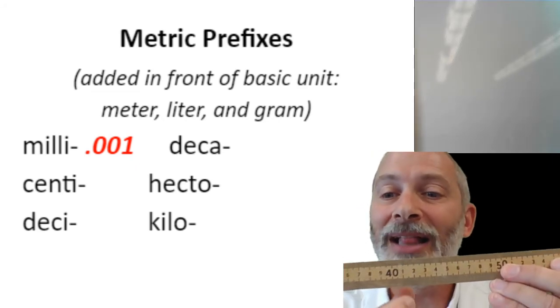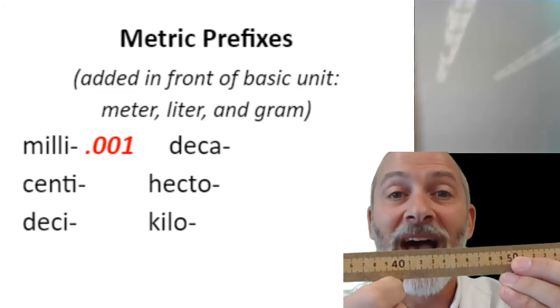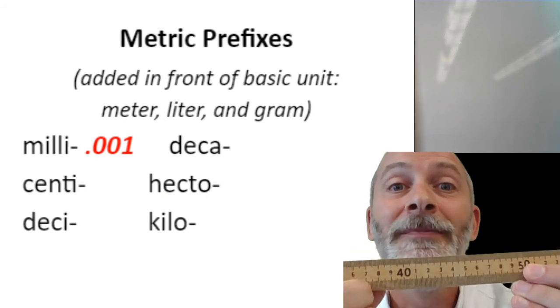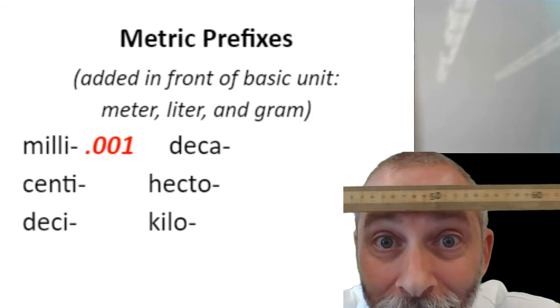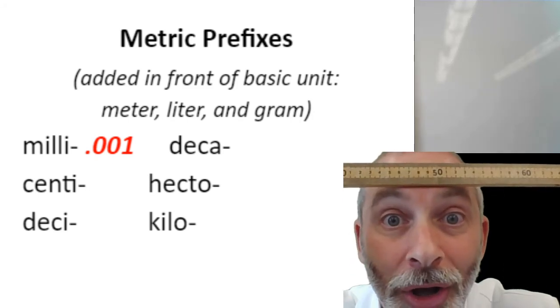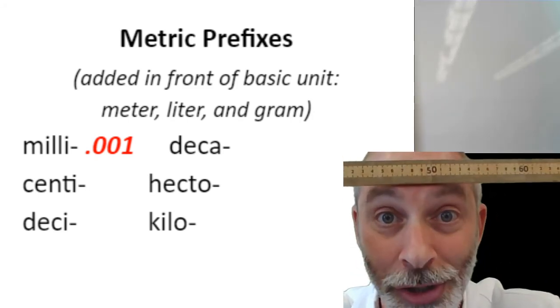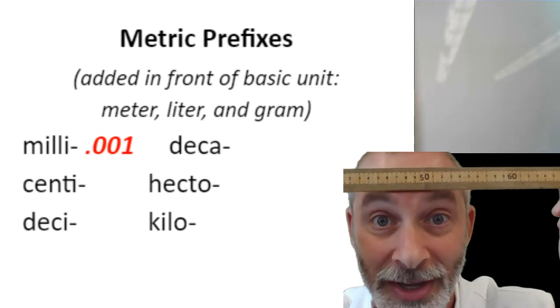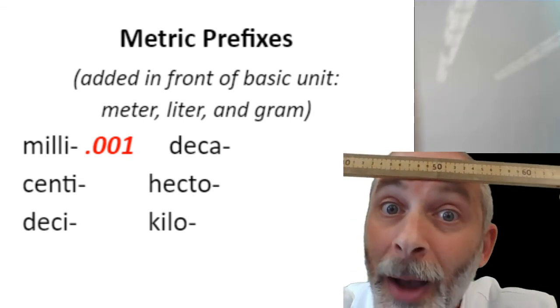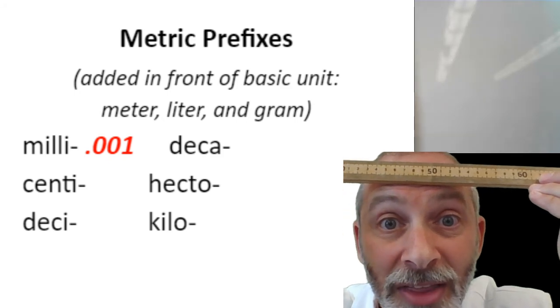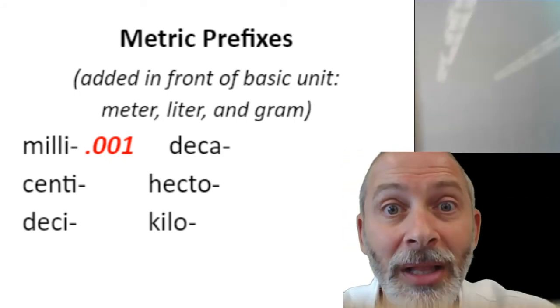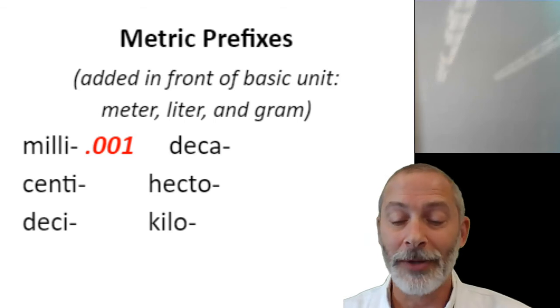Millimeter. That's exactly right. Each of these tiny little lines, which is 0.001 of an entire meter, each of those are called millimeters, and there are 1,000 of them in a meter. A millimeter, for comparison, is about the thickness of a thick fingernail. So a millimeter. Let's go to the next one.